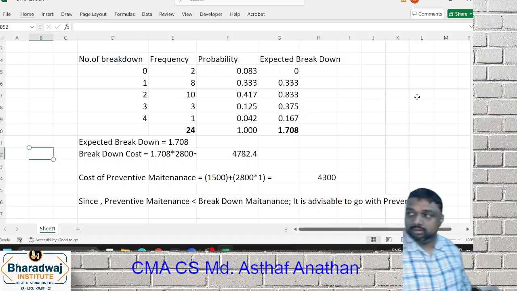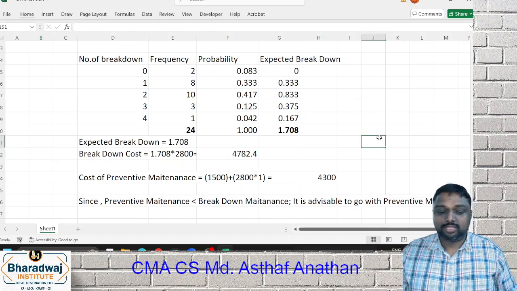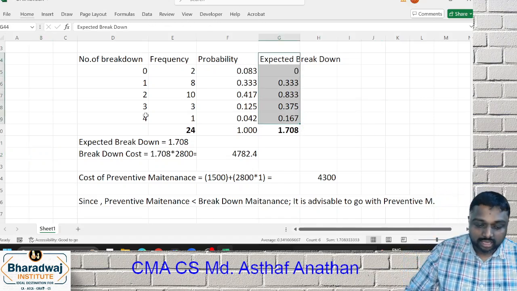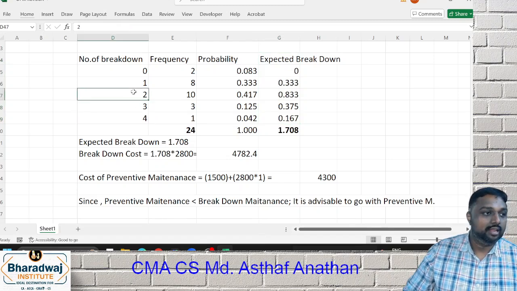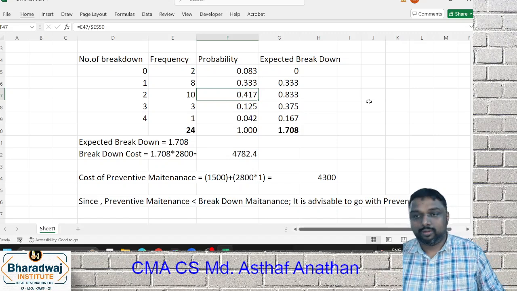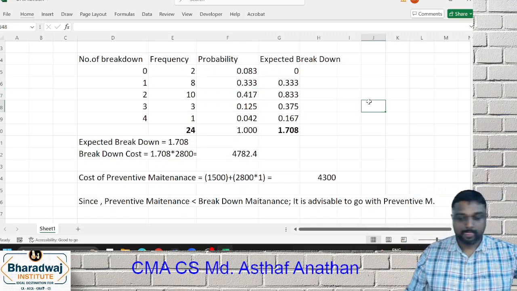Yes, some friends may be thinking, sir, how are we getting this expected breakdown? Because this is the breakdown chances, and breakdown chances we are multiplying with the probability. Come on, friends. Once you complete it, we'll go for the next question.